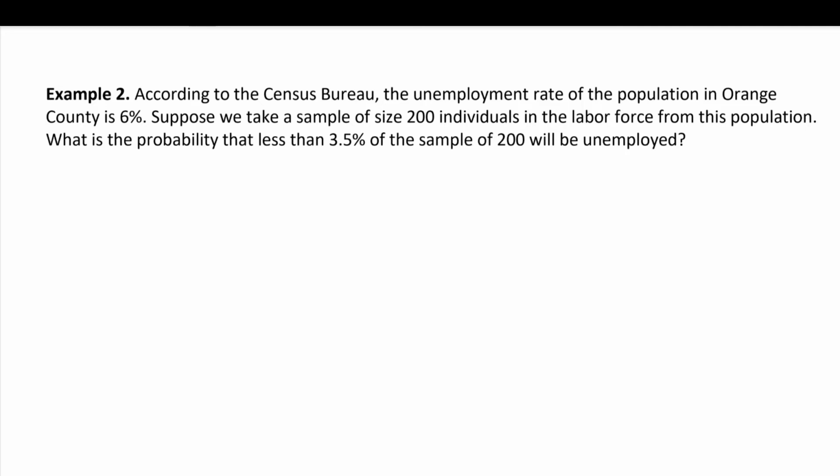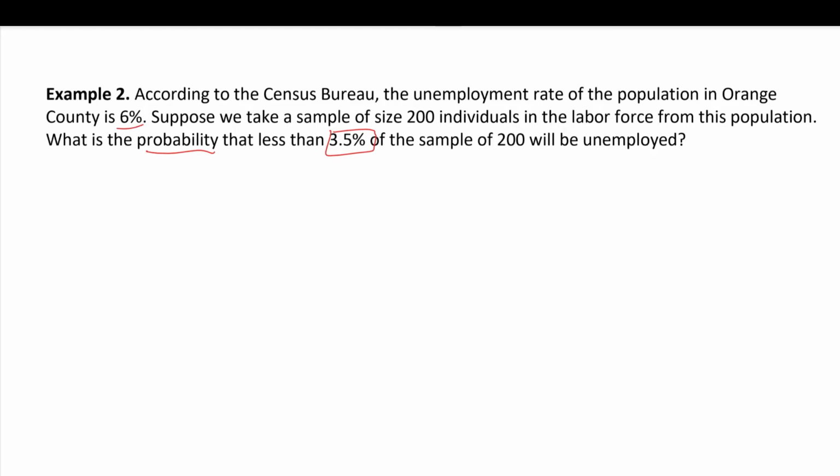So they're asking for the probability that less than 3.5% of the sample of 200 would be unemployed. They're really talking about some sort of proportion when they mention 3.5. Now, if this was a binomial question, which it really is, there's 200 trials. The probability of success, successfully identifying somebody unemployed, is 6%.